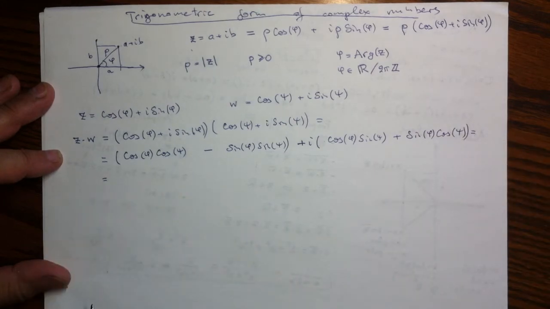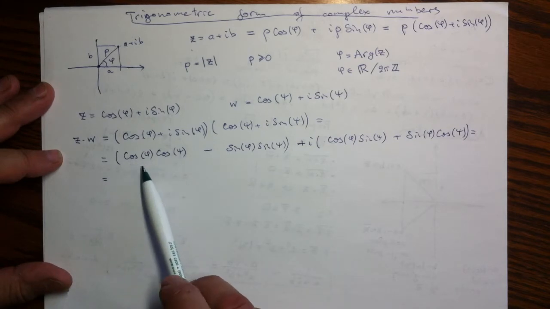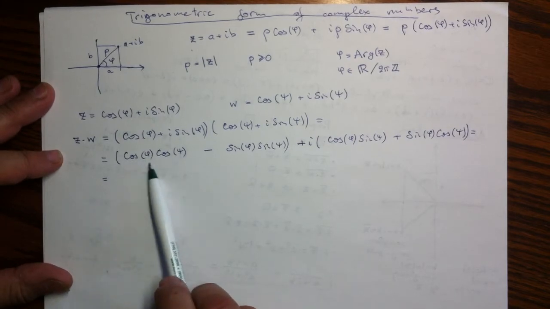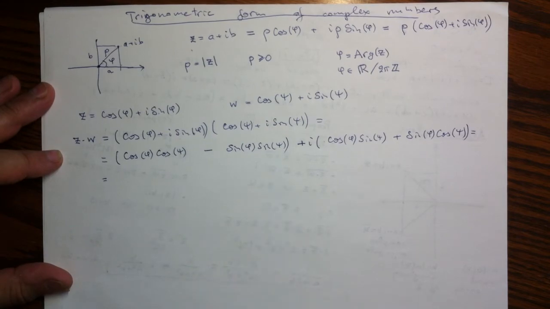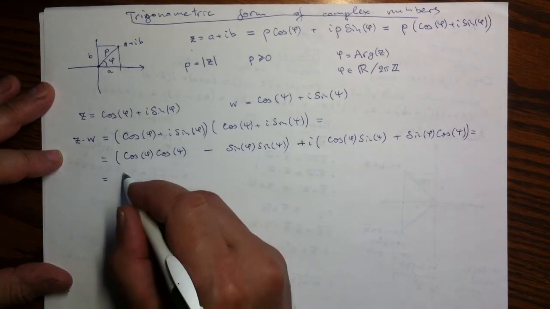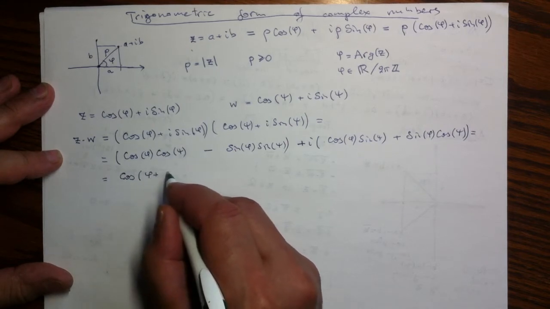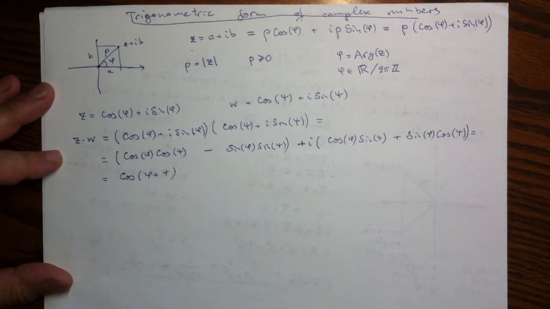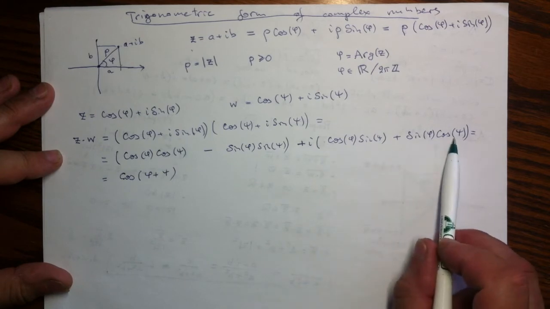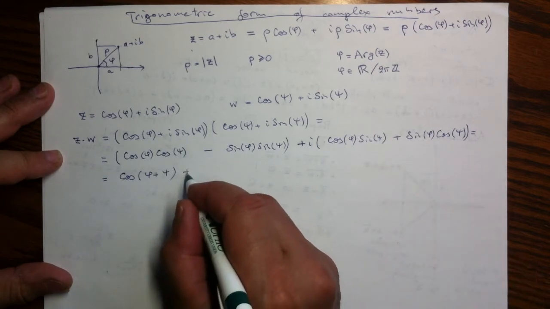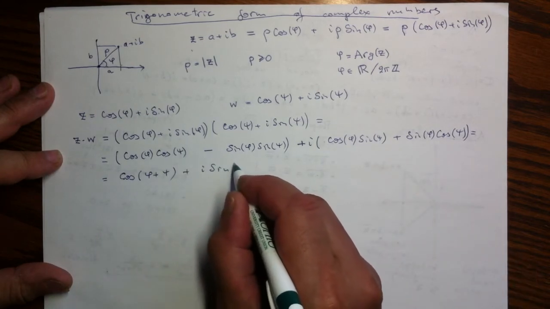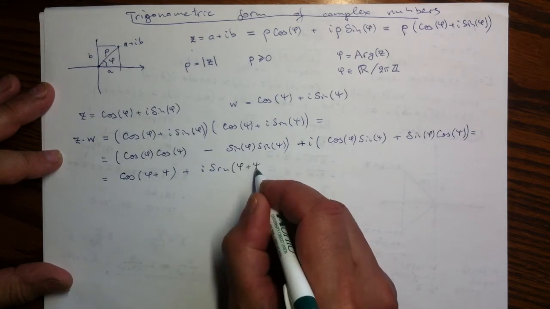One more push. Oh, that's a big push. So we have to remember trigonometry, beloved trigonometry. Does it look familiar? It's supposed to, because this is nothing but cos of the sum of the angles. And at the same time, this is the sine of phi plus psi.